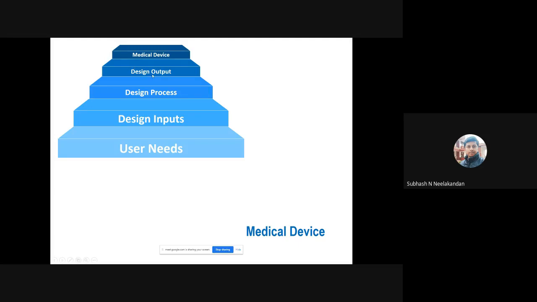Number four is design output. Once the prototype is done, what are the expected data, tools and documentation which are required for that? And finally, after verification and validation, once the device is ready and good to go, it can be commercialized.